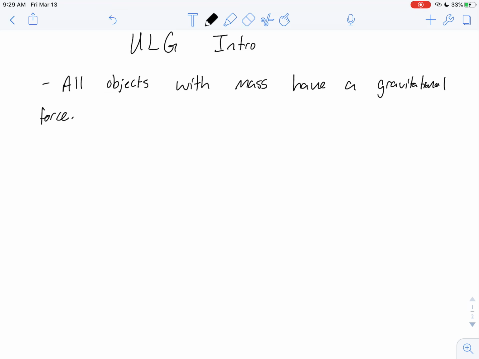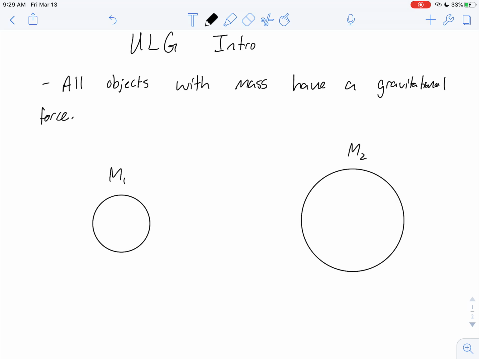So let's say we have two objects. We're going to say object 1 has mass m1, and object 2 has mass m2, and we'll say that they are some distance r apart, and this distance is between their centers of mass.